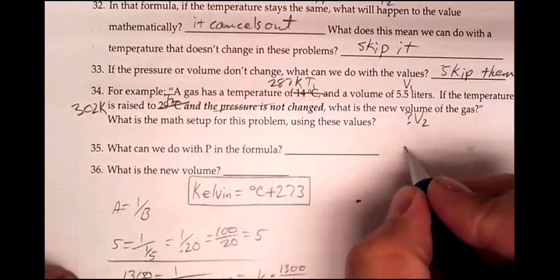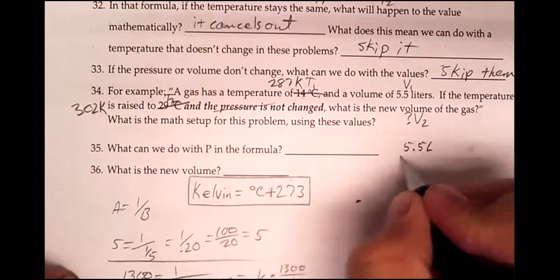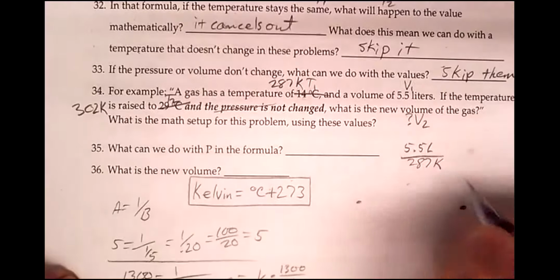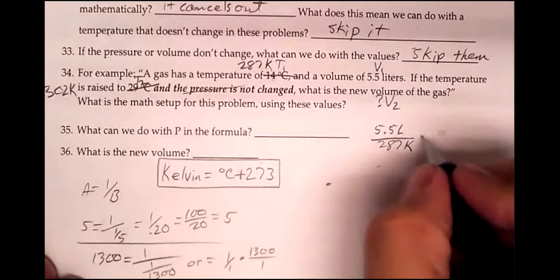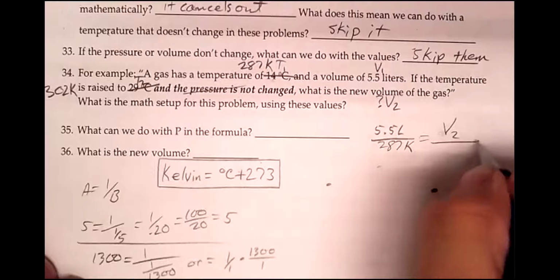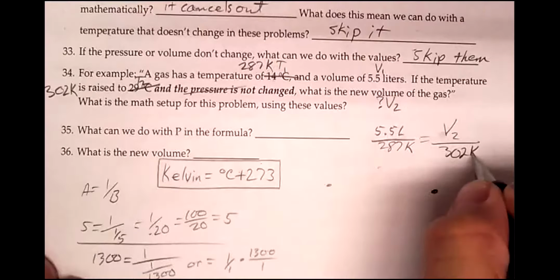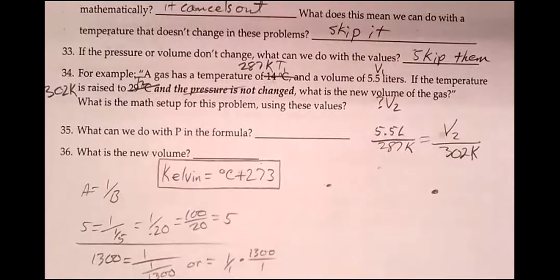So we get V1 is 5.5 liters over 287 equals V2 over 302. The pressure doesn't change, so there's no use in putting it in. What I originally did wrong is I used Celsius and I also put the pressure, which was X.